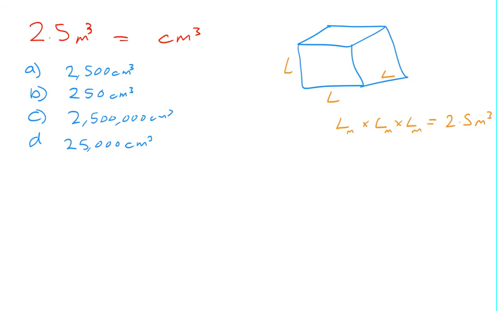So let me pull that out of the way and say this is now 1.33, this is 1.33, and this is still 1.33, all in meters. Now if I was to convert that to centimeters, I would now have 133 centimeters multiplied by 133 centimeters multiplied by 133 centimeters.